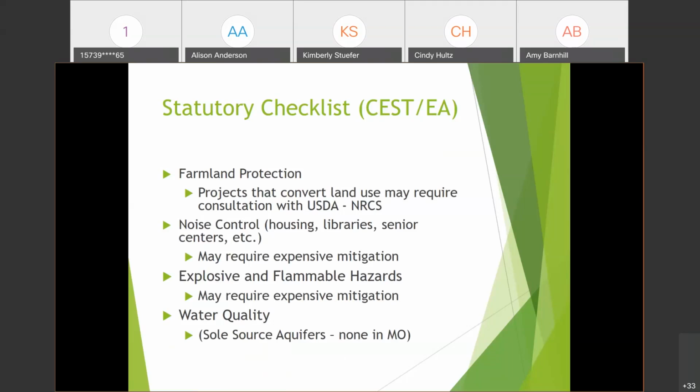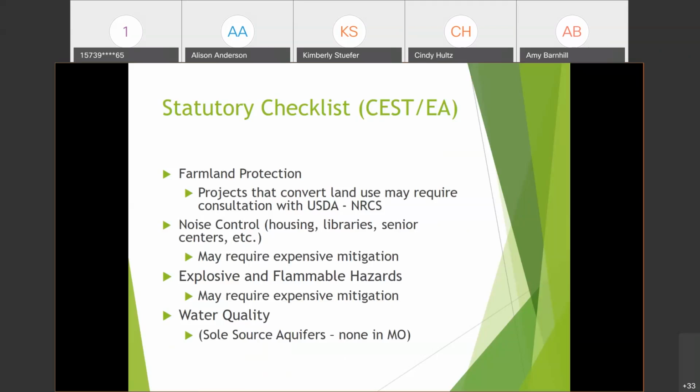And for explosive and flammable hazards, this would have like photographs or maps of the project site and adjacent sites that show explosive and flammable hazards in the area. And then if there are any in the area within proximity to the project site, then you have to calculate the acceptable separation distance.